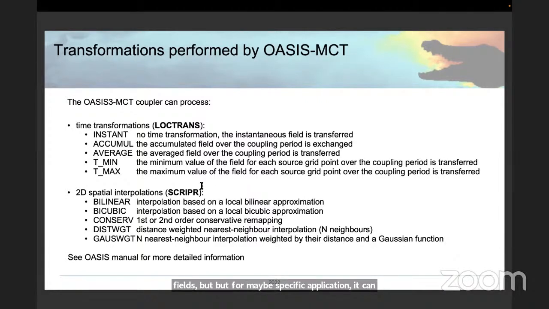And it can also perform some spatial interpolation, to be able to communicate between the grids. And there are all these transformations available in Oasis. So you can look at the Oasis manual for more detailed information.